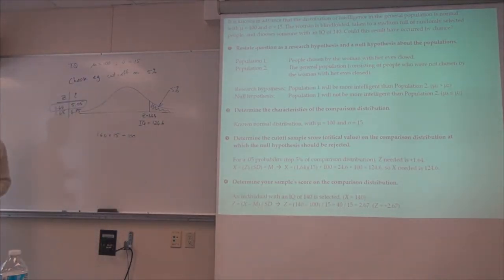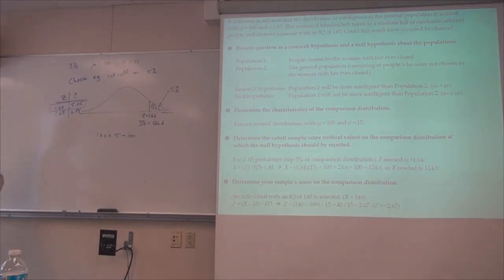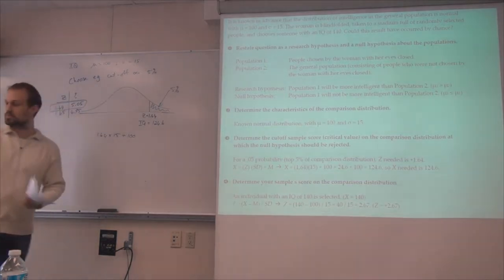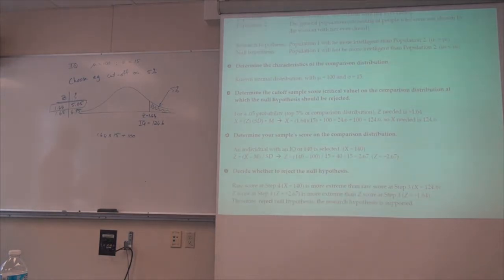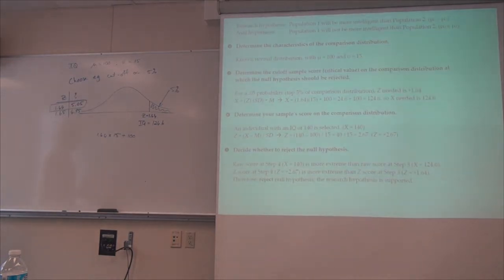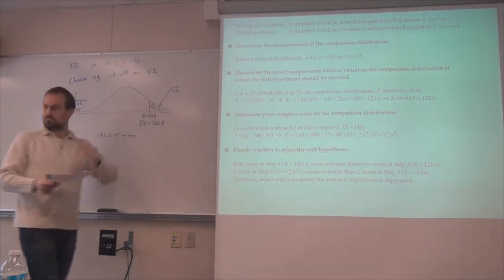So if you pick someone that has an IQ of that 124.6 or greater, there's enough evidence to suggest that you do have the skill that you claim to have. But we decide on when we're comfortable with accepting that research hypothesis. 5%, 2%, 1%, you can decide beforehand.